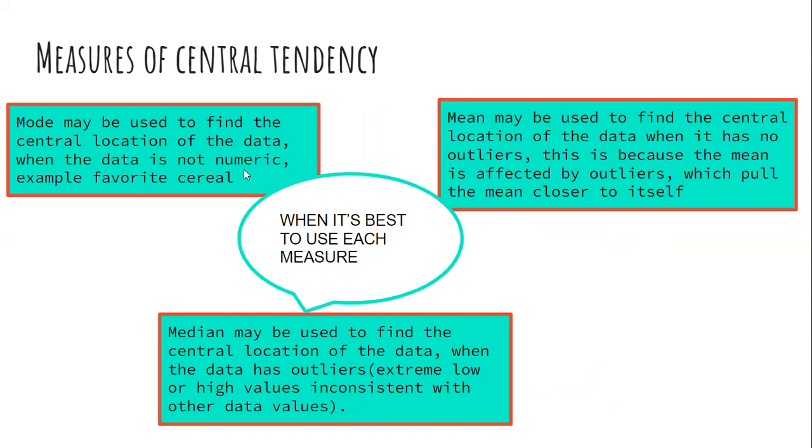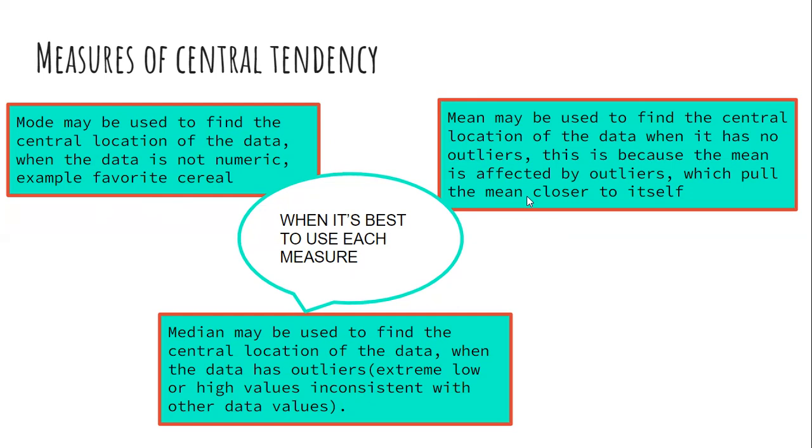If we want to find the center position of that data, it's not easy for us to just say the center is male or the center is female. The center is best described by the one that occurs the most, which is the mode. So remember, the mode is best used when we have non-numeric data.